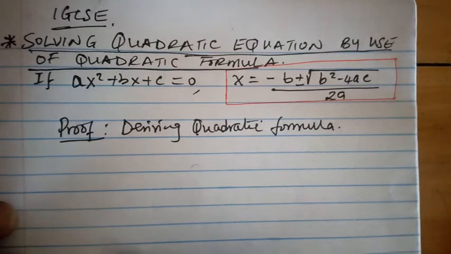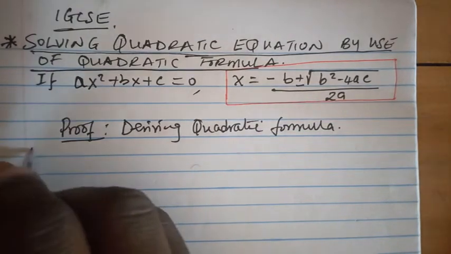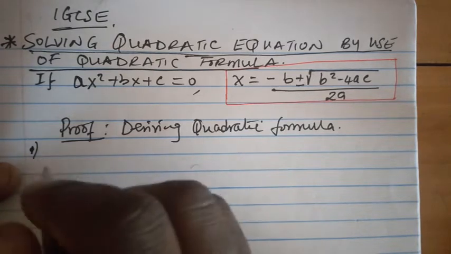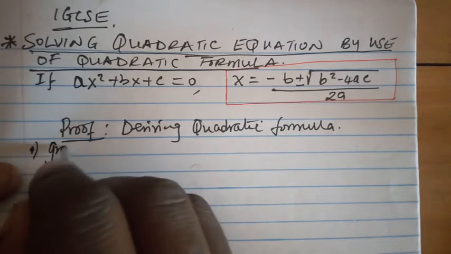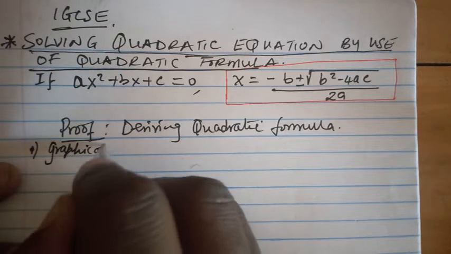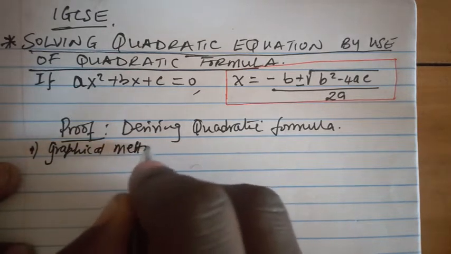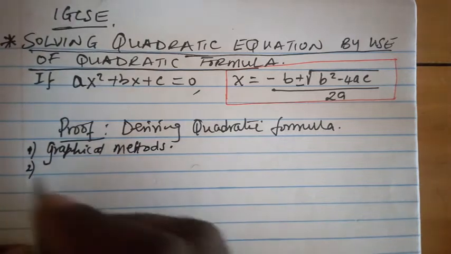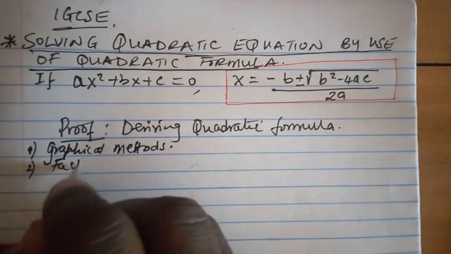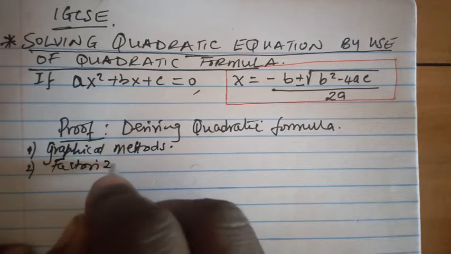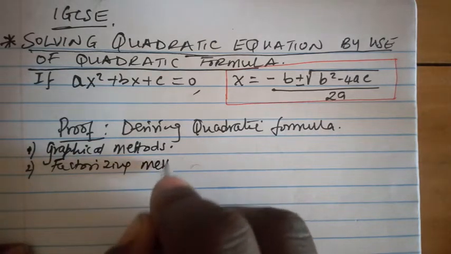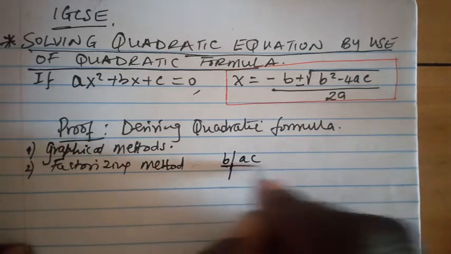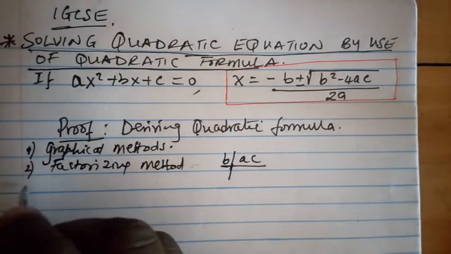Before I go there, it is important to remind ourselves that we have several methods of solving quadratic equations. We have graphical methods. We also have the factorization method, which we have learned about, the BAC approach.